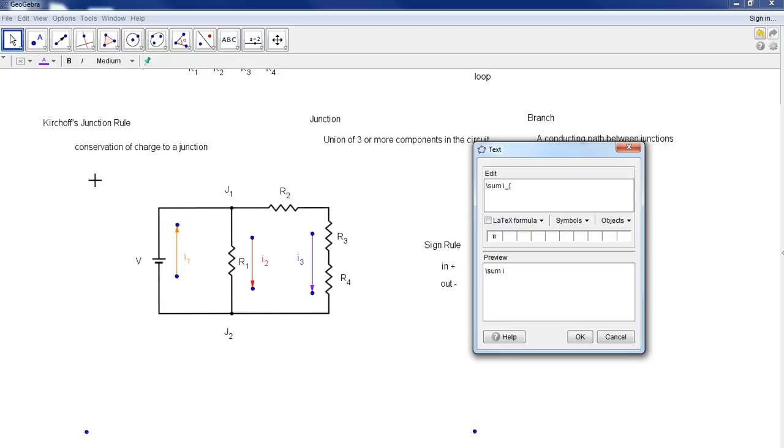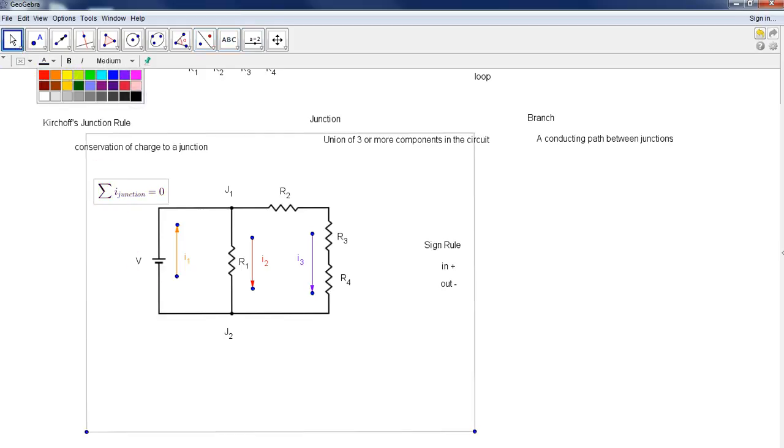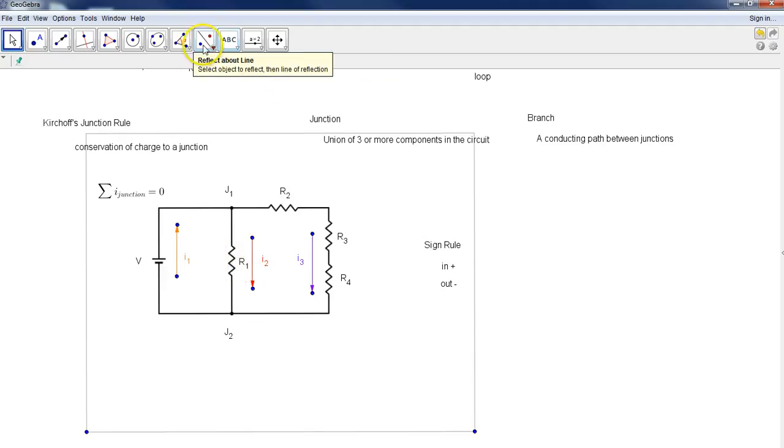So the sum of the currents for a junction is equal to 0. I have two junctions, so that means I'll have two different equations that I can write.